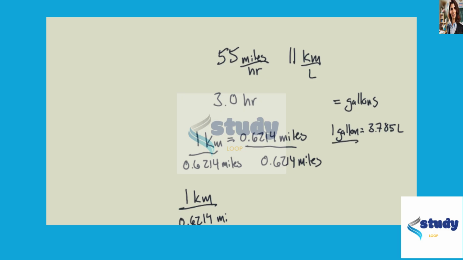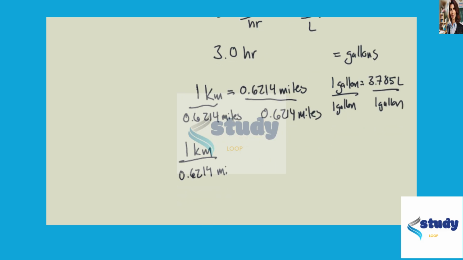So we'll divide both sides by 1 gallon. And the left-hand side goes to 1. So we get 3.785 liters per 1 gallon. And now we have our conversion factors.